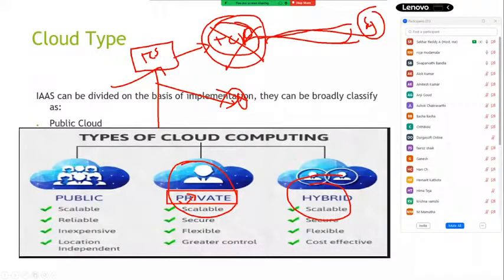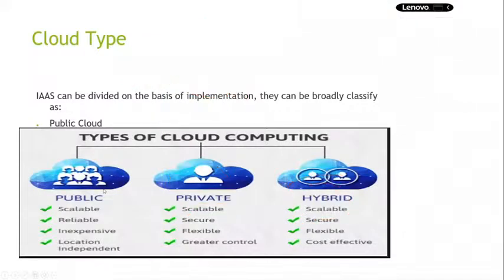Same way here also. Some of the applications are running in public and some are running in private. If we establish a connection between these two and access everything overall, we call it hybrid. But hybrid is costly, more flexible and secure as well, also high cost. I will let you know how to do the tunnel later.